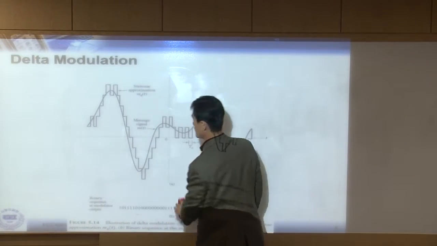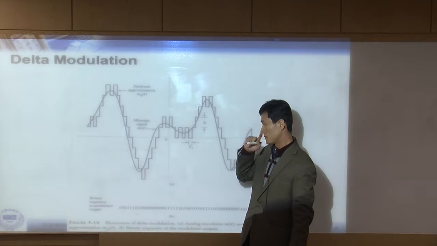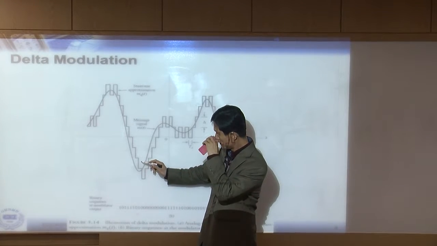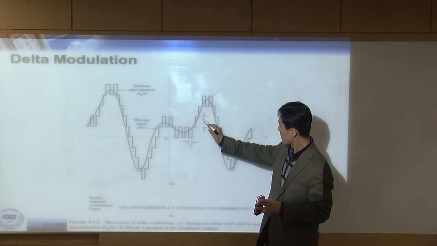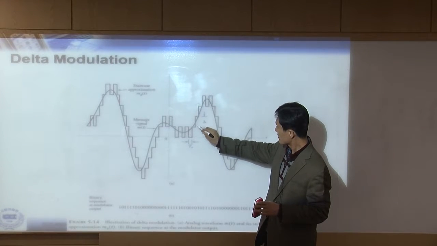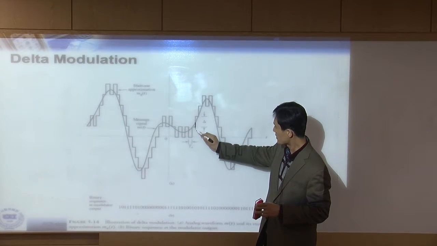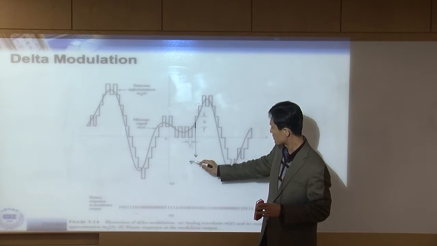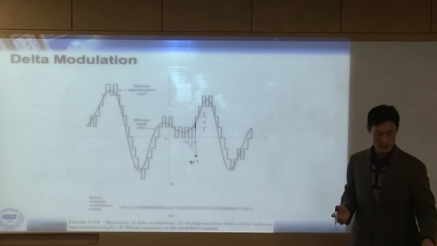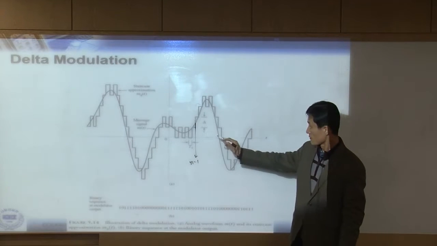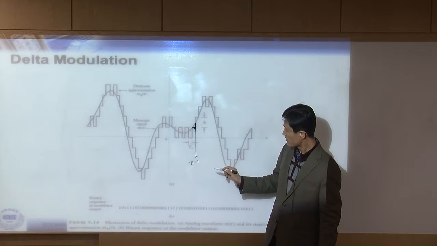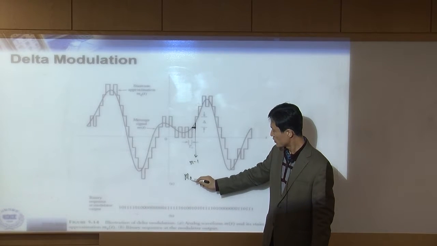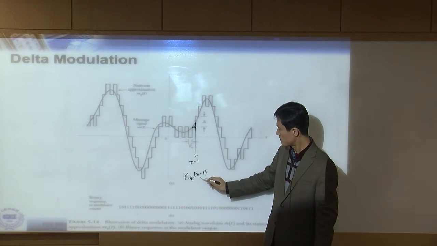Let's say in this picture, let's say that this is n-1. Right here, let's say it's n-1. Just as an example, right? This particular value here, that's m_q[n-1].